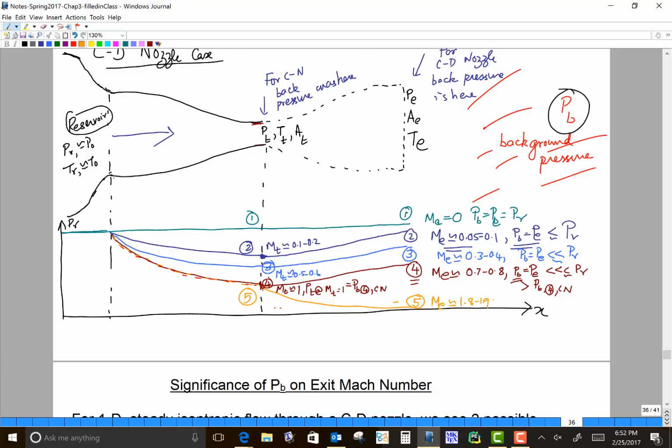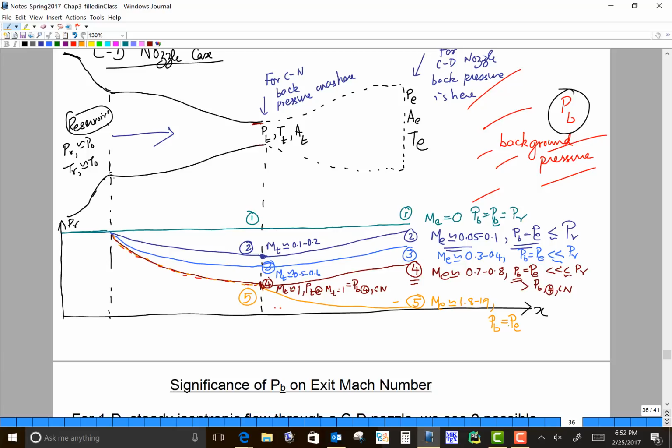My back pressure PB will be equal to PE, because this is an isentropic flow solution, and we are choosing the back pressure value to match exactly the exit pressure value corresponding to the supersonic flow state.